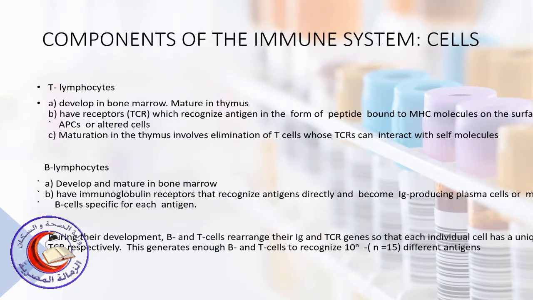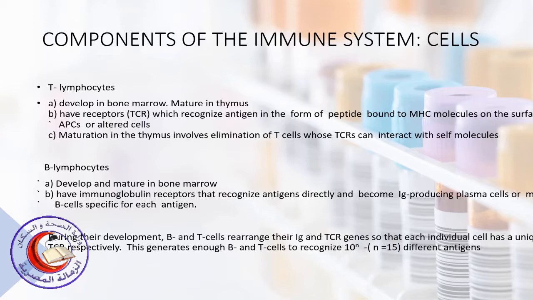The T lymphocytes and the B lymphocytes are the main cells of the adaptive immune system. Both of them develop in the bone marrow. The T lymphocyte matures in the thymus, but the B lymphocyte matures in the marrow.